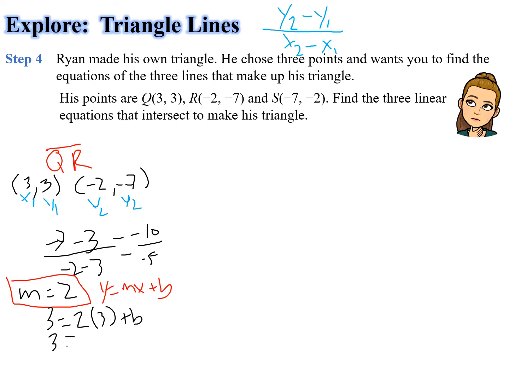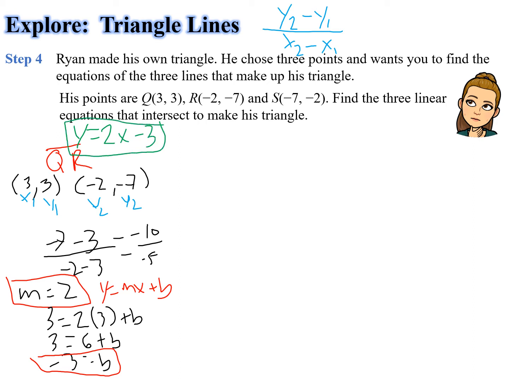This turns into 3 equals 6 plus b. Take away 6 from both sides, and I get b is equal to -3. So the first equation is going to look like, we'll write it up at the top here just so we can squeeze it in, y equals 2x minus 3.